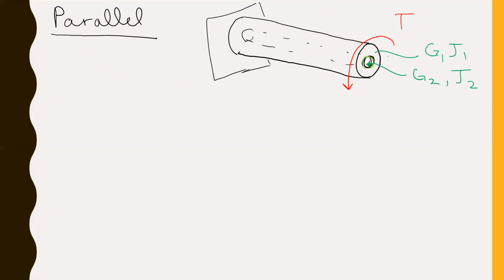And so our question might be asking us to compute the rotation at B, where this left end is A and the right end is B, assuming the rotation at A is 0.